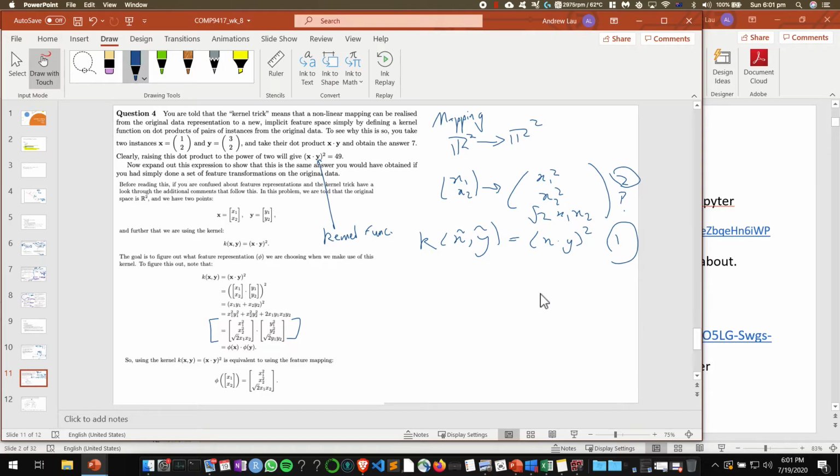The way you go about doing it is, given you're told the kernel function, which effectively is a dot product of x and y, and x and y now actually come from here. That's R3. It actually comes from here.